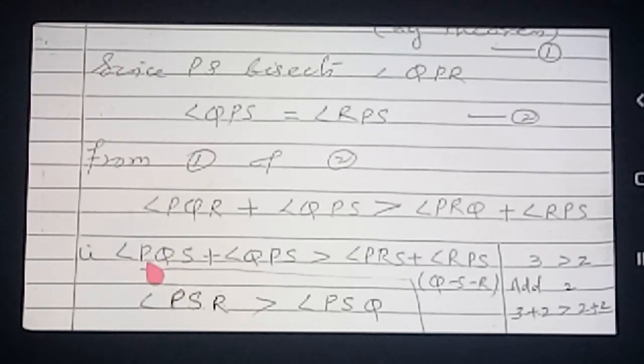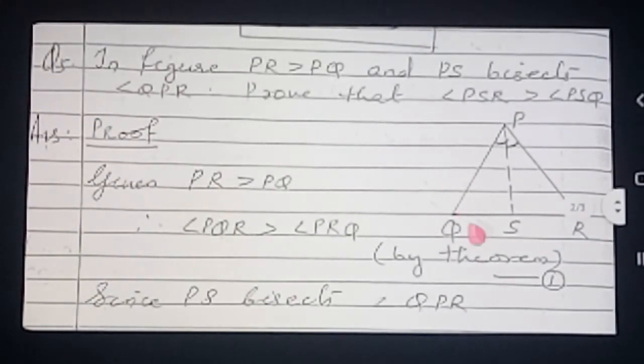Now you can see the teacher has directly written that angle PQS plus angle QPS is equal to PSR. You may wonder how this is obtained. We can see it from the diagram. With respect to this triangle, angle PSR is the exterior angle. You studied a result connecting the exterior angle and the interior opposite angles: the measure of the exterior angle is equal to the sum of the interior opposite angles.